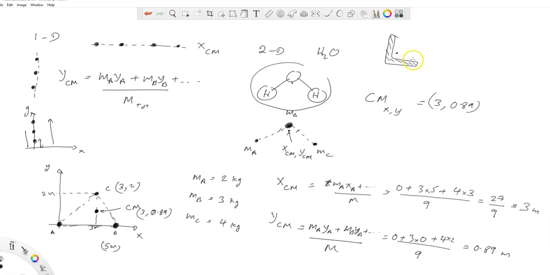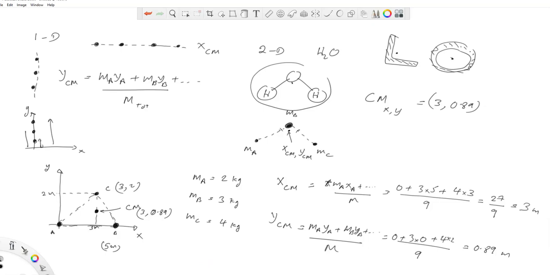A boomerang is a good example, or a donut-shaped object like a wheel, right? Mass is distributed around this outer area, so the center of mass will be at the middle.